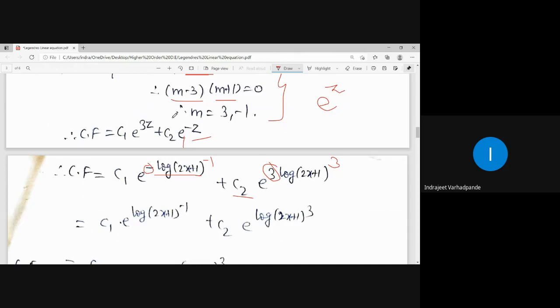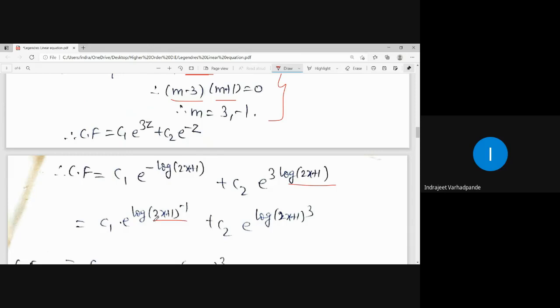So CF is equal to C1 e to the power minus log of 2x plus 1 plus C2 e to the power 3 log of 2x plus 1.